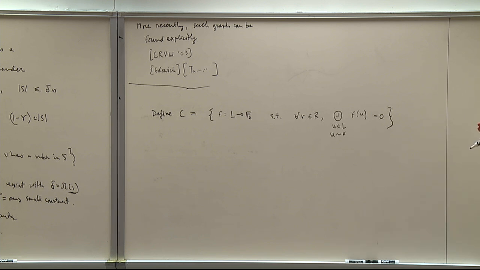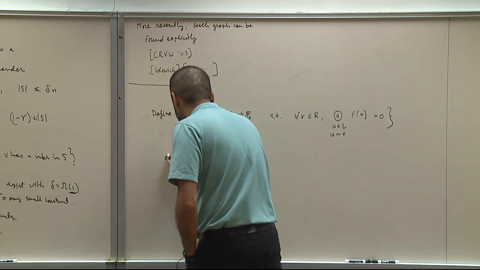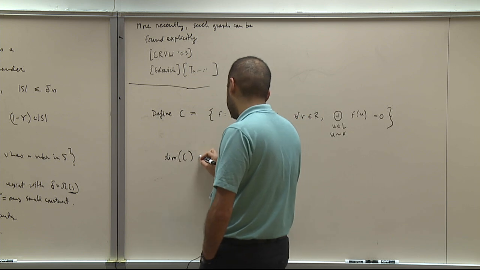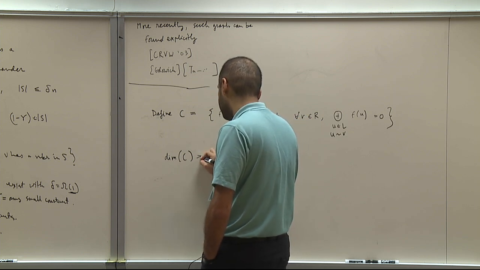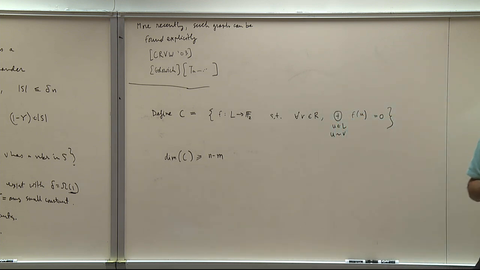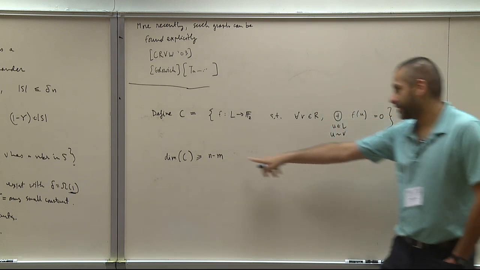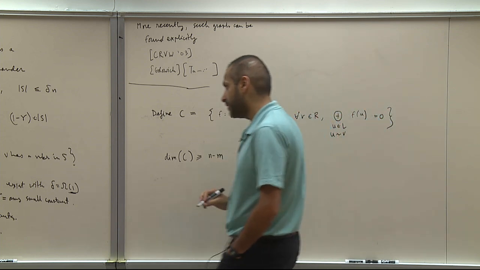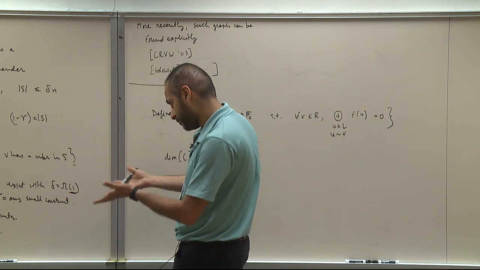How many constraints have we imposed? M. So the dimension of C is at least n minus m, because we imposed m constraints. They may or may not be linearly independent, so we leave the dimension as at least that.